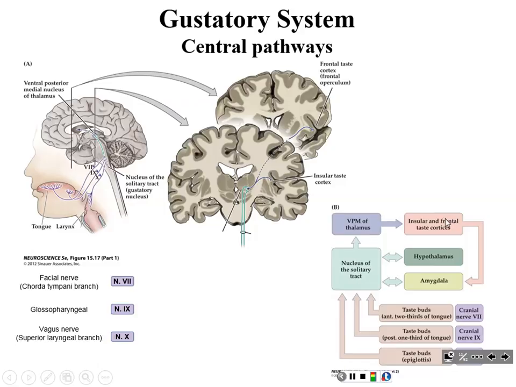From there, it goes into the insular, here it is, and the frontal cortices, and from there into the amygdala. And part of this pathway has to do with the reward part of eating. Basically, the satisfaction that it produces in us to eat some particular things, and also in society when we need to stop eating.